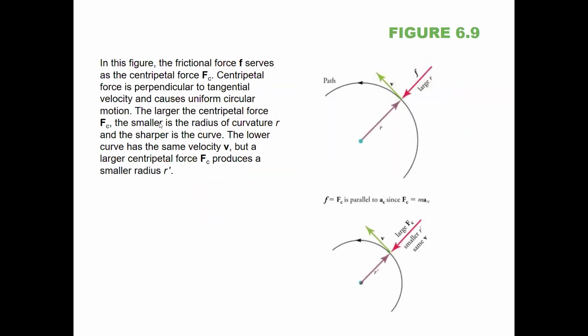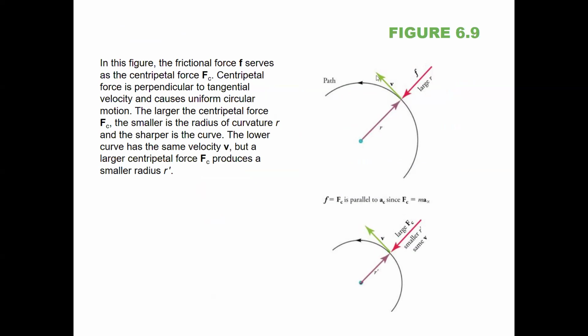If you look at this figure, the frictional force F serves as the centripetal force. This is the force that is pushing my object to remain in that uniform circular motion. The centripetal force is always perpendicular to the tangential velocity.